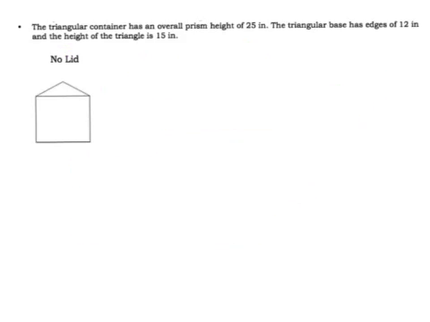Our next shape is a triangular prism. Notice it has a height of 25 inches. The edges all the way around the triangle are 12. So we have 12, 12, and 12. And it's a height of 15 in the triangle. And that is all we need to know for surface area.